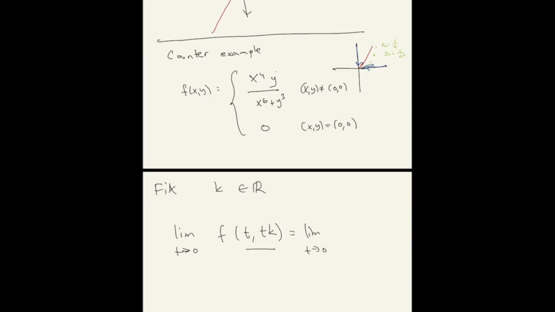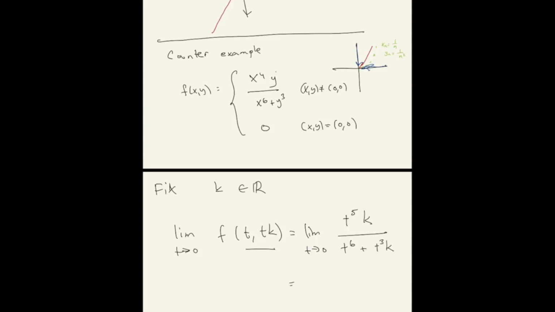Now t is non-zero because we're approaching 0, so we plug that into the definition of the function. In the numerator, we get t to the 5th times k. In the denominator, we get t to the 6th plus t cubed k.